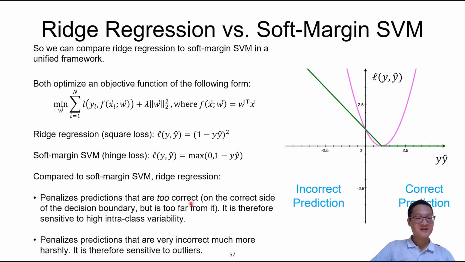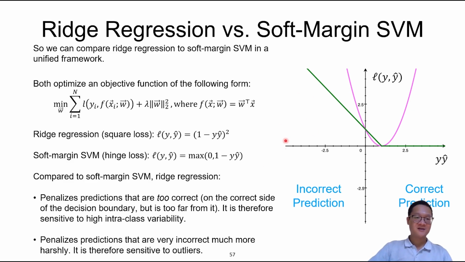So it's actually very sensitive to classes where the data points are very far apart, right? So you could have a lot of data points that have the same class, but are very spread out in the feature space, right? So in that case, you will get a lot of penalties in this region for ridge regression, of course, not for hinge loss, not for soft margin SVM.